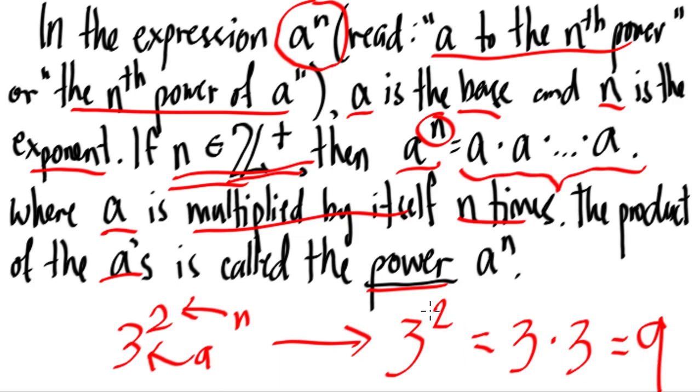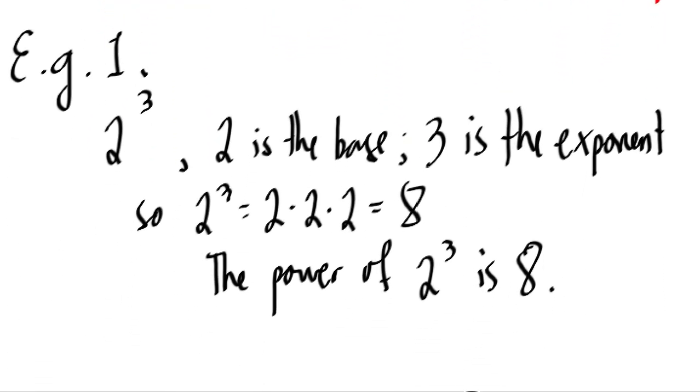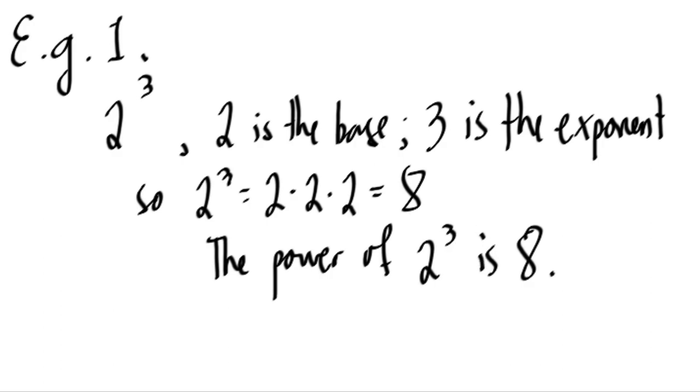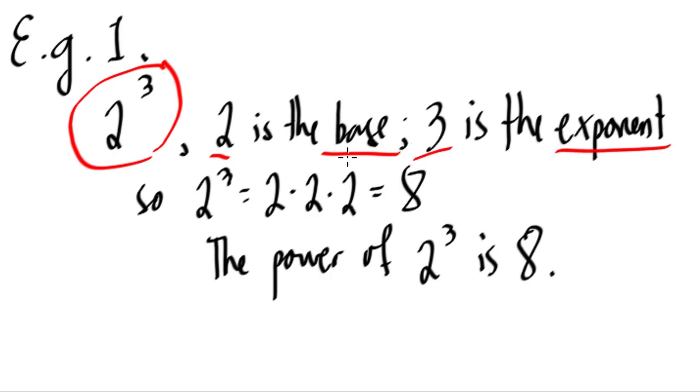To give you more examples of this, let's have example 1. We can see here our base clearly is 2, and our exponent is 3. So we read this as 2 to the third power, or simply 2 raised to 3.